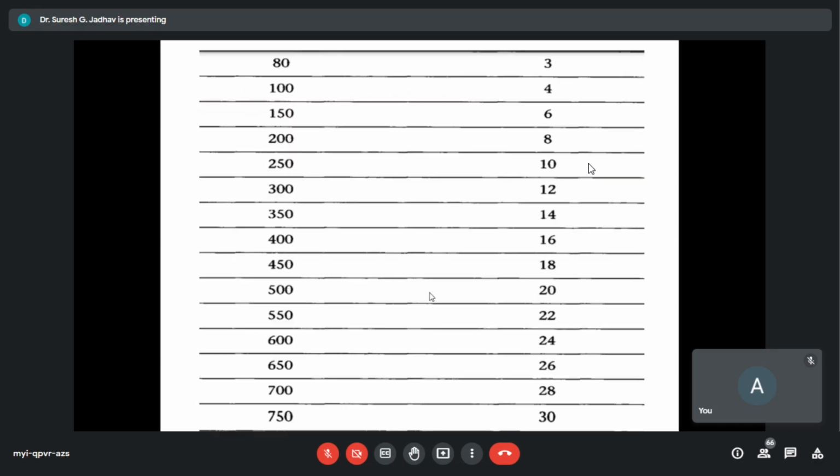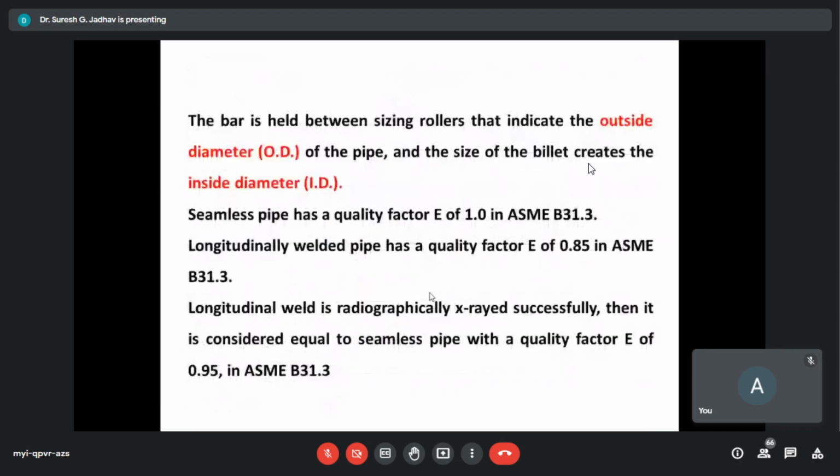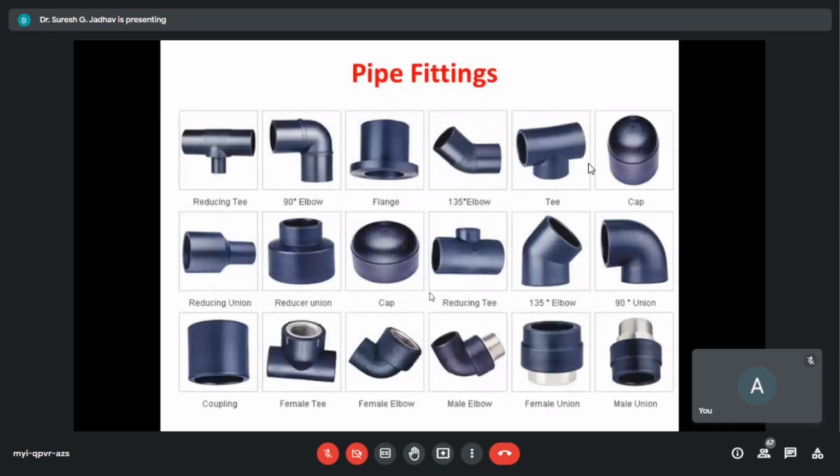Earlier, we have seen the piping fittings, that is unions, couplings, and elbows. Here we can use the elbows, couplings, and unions to connect the pipes with the help of screwed connections.